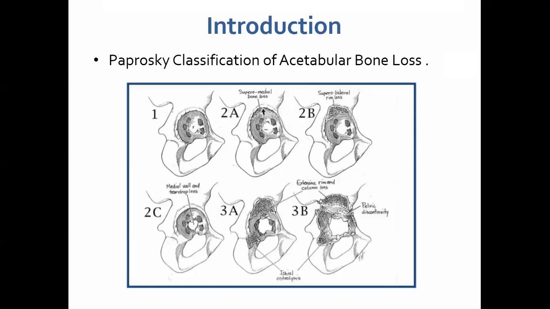Just a quick review of one of the most commonly utilized classification systems of acetabular defects in revision hip surgery, the Paprosky classification, developed by Professor Wayne Paprosky, which is a detailed descriptive system based on the absence or presence of 4 key pelvic supporting structures.